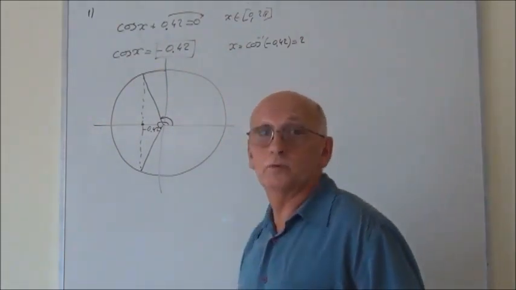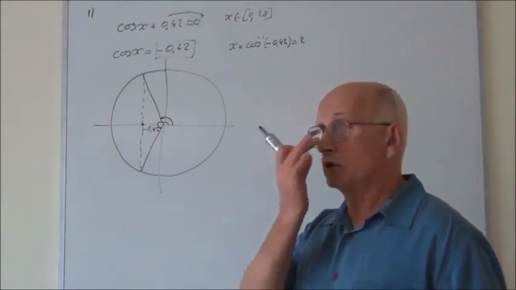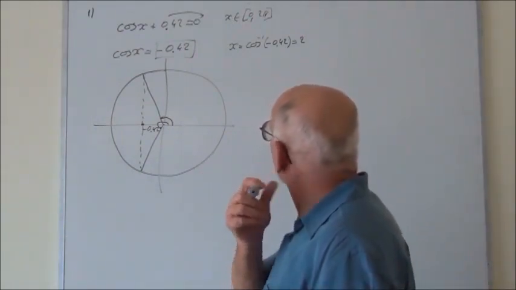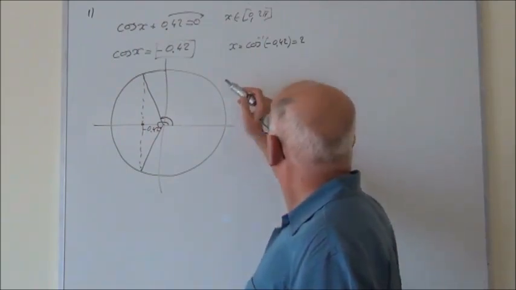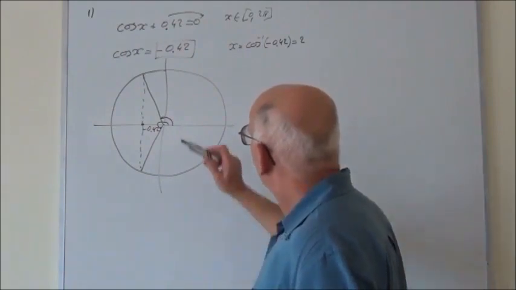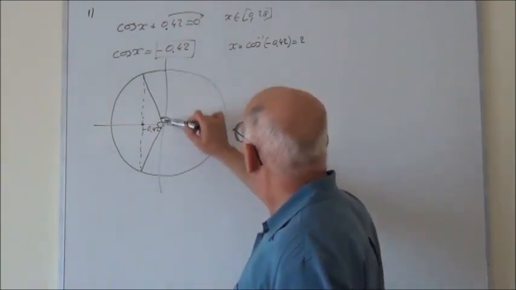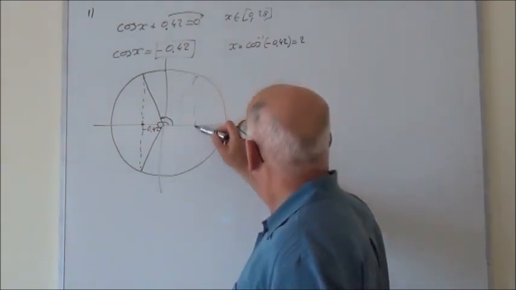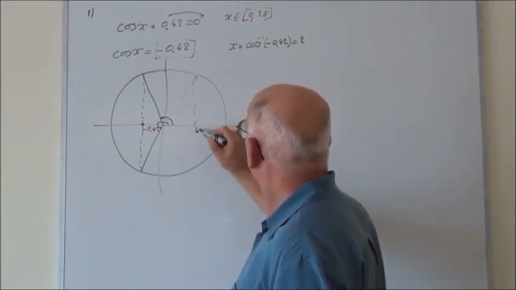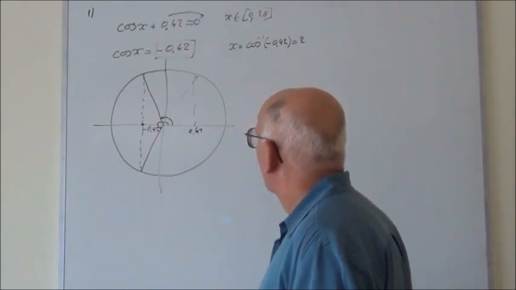Again, you have to be careful on the calculator when you're reading this value. Depending on how you set your calculator, it could also give you this angle here, which is positive 0.42.